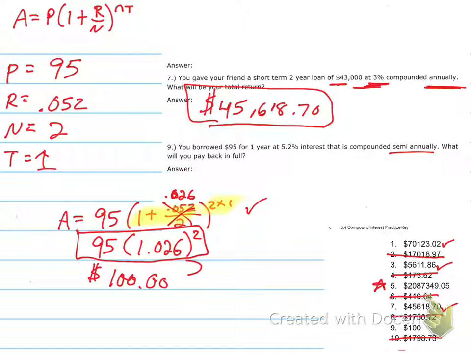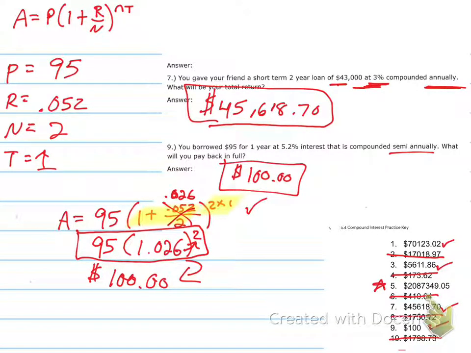You would get this. The reason why I like to do 1.026 to the second power first is that I like to do things step by step, but this one would be $100.00.